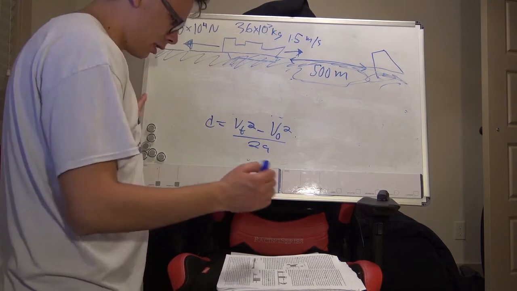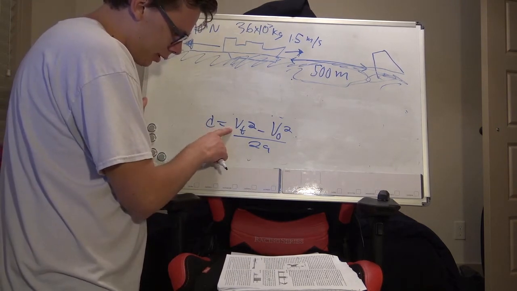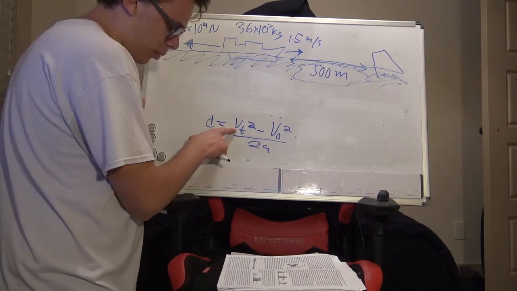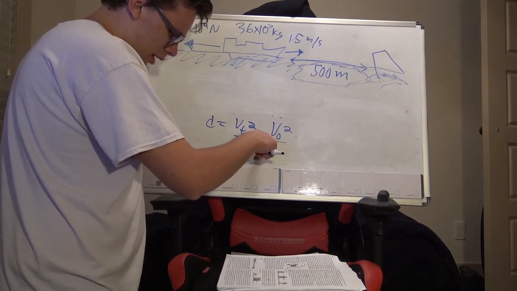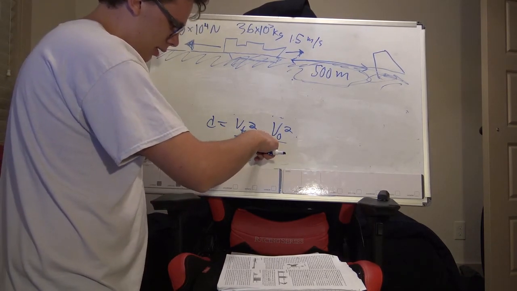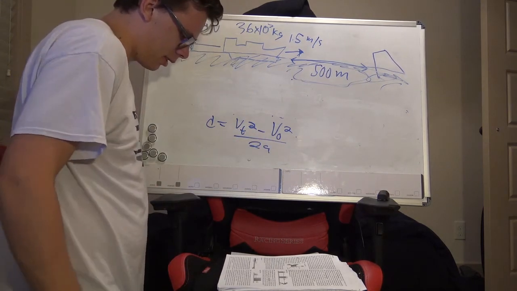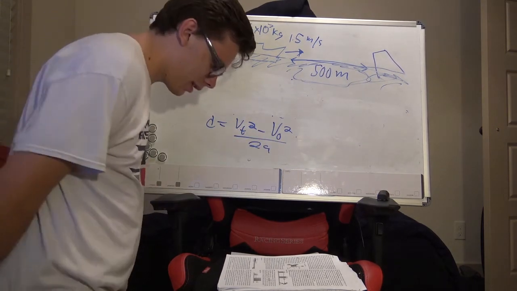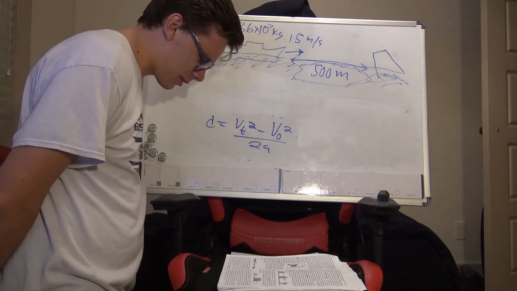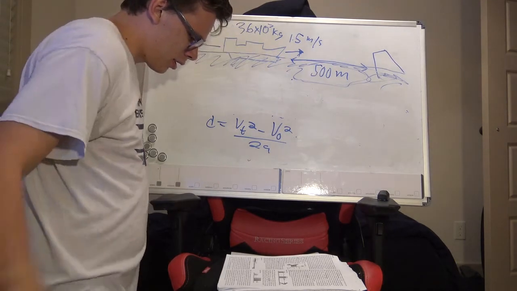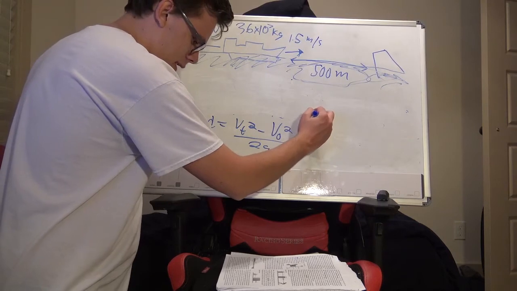So plug in 0.2 and 1.5, and 2 times our acceleration, which in this case is negative, same as we did before, 0.00222.